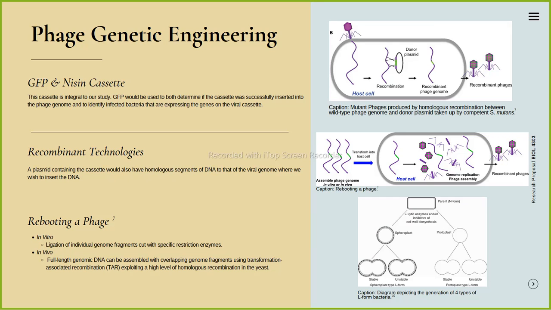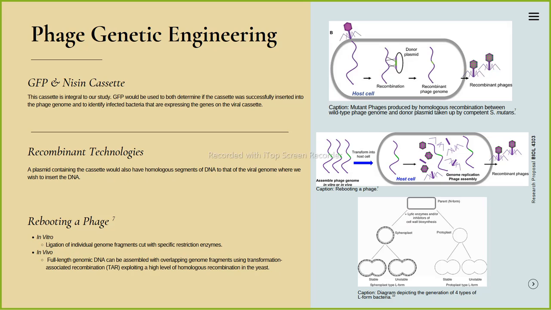Getting into the recombinant technologies that we would be using to actually get the cassette into the virus, we would have a plasmid containing the cassette, also with homologous segments flanking either side of the actual cassette that would be homologous to parts on the viral genome.